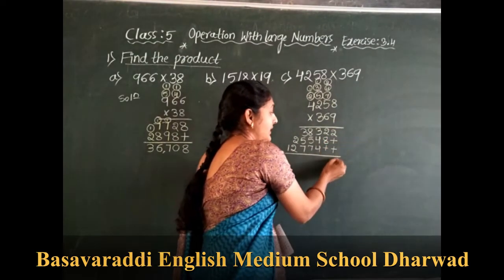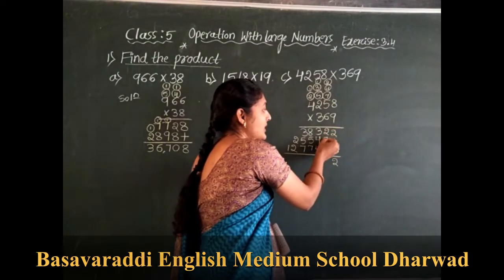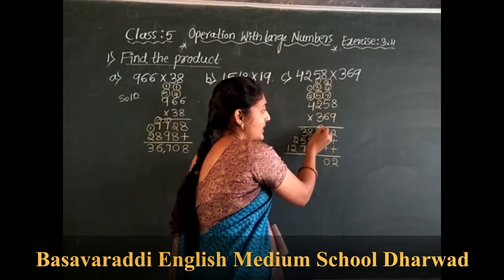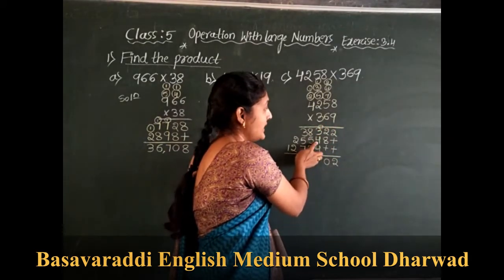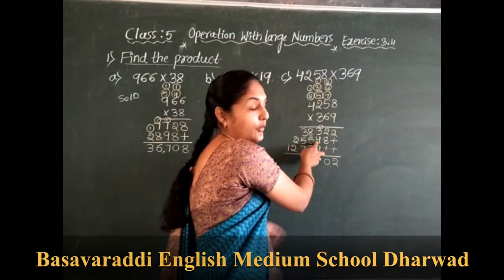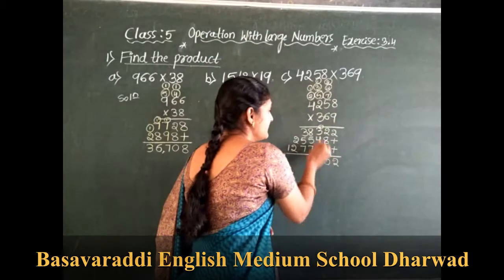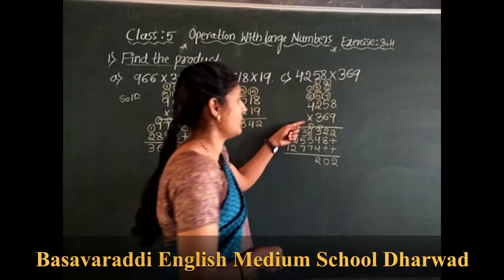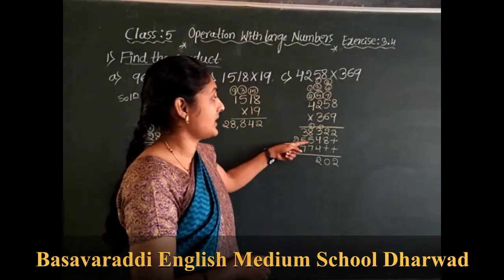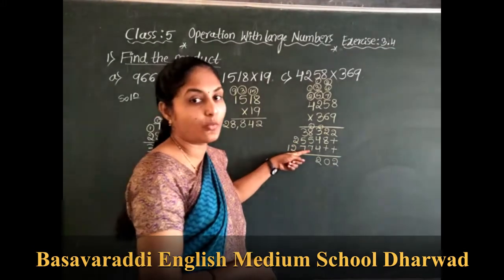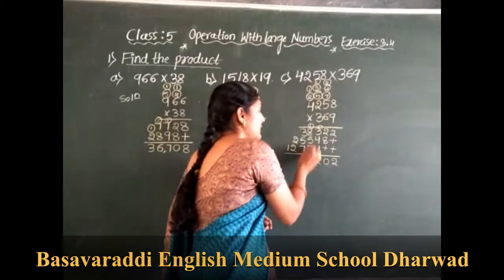The 2 plus 8 is 10. 3 plus 1 is 4. The 4 plus 4 is 8. 8 plus 4 is 12. So 1 plus 8 is 9. The 9 plus 5 is 14. The 14 plus 7 is 21. So 1 is here. The 2 carry over.